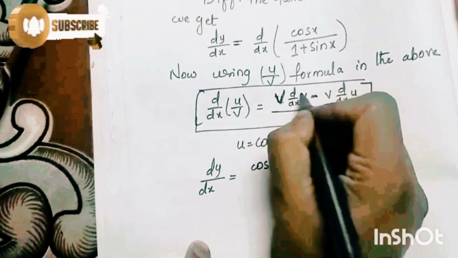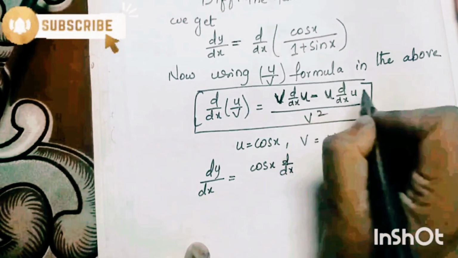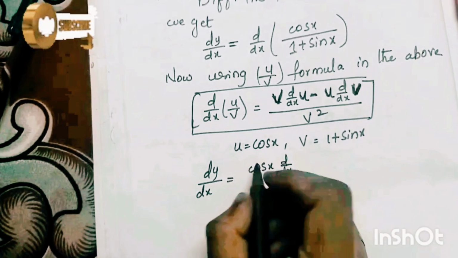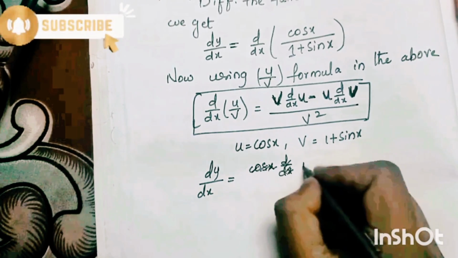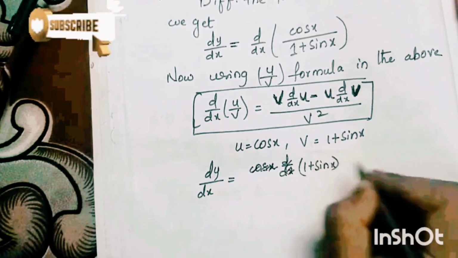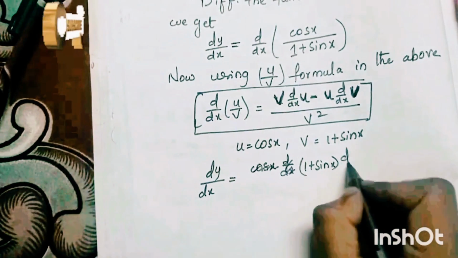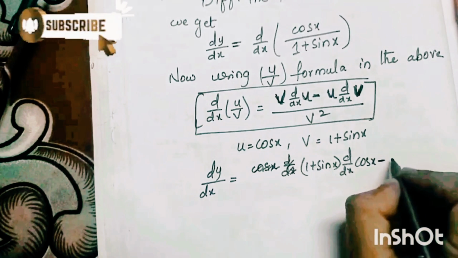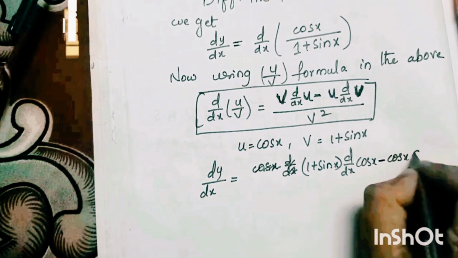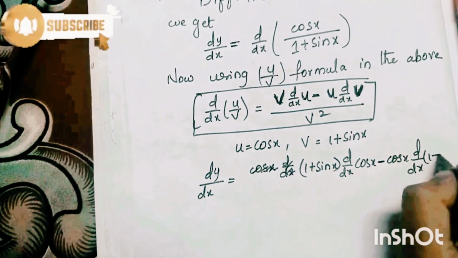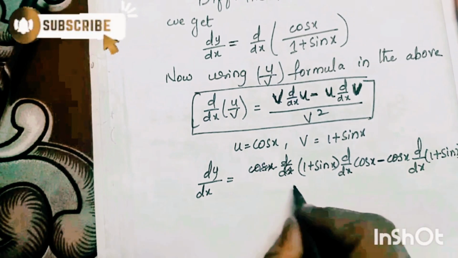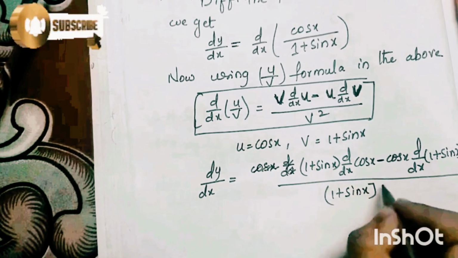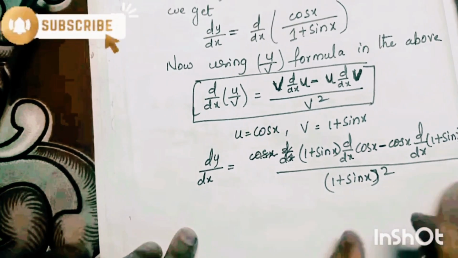Sorry, v into d/dx of u minus u into d/dx of v. v means 1 plus sin x, d/dx of u, cos x, minus u, which is cos x, d/dx of v, 1 plus sin x. Now the denominator is v squared, which means (1 + sin x) whole squared. In brackets we write the whole square.